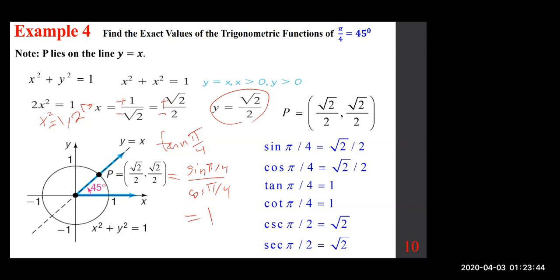So what we are doing, we're going to look at some common arcs. Besides the quadrantal angles, we are looking at 45 degrees or pi over 4. That is also a common arc. We should be fairly comfortable with that.